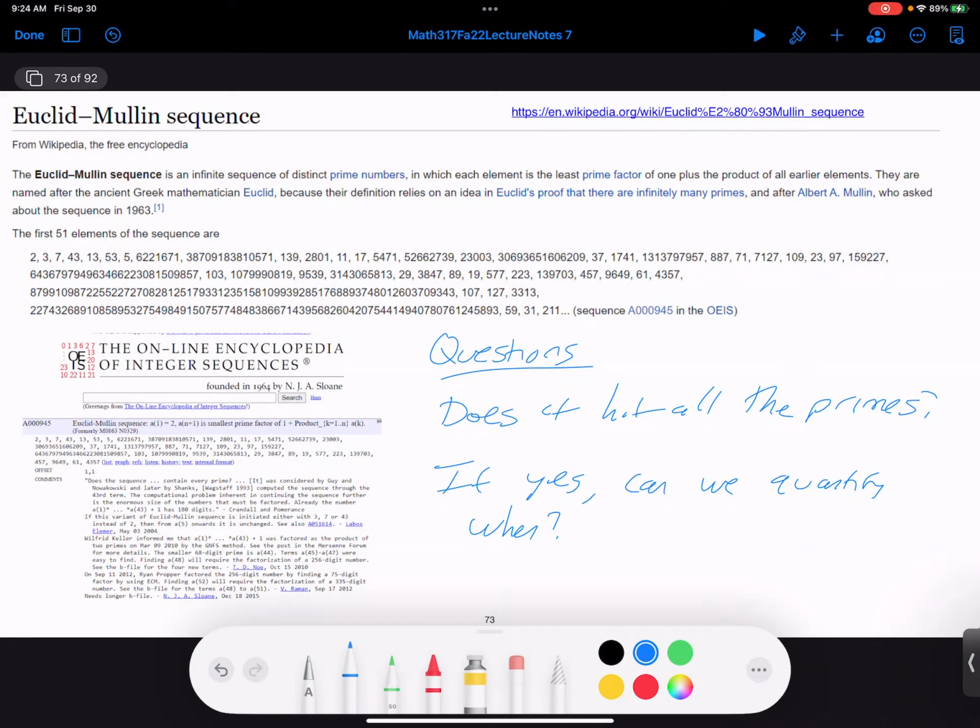Euclid's method will generate primes, but it may not generate all of them. The question is, which ones will it miss, if it misses any? And if you're going to get a certain one, do you have any idea how long you have to wait before you find it? It's an incredibly difficult sequence to work with.